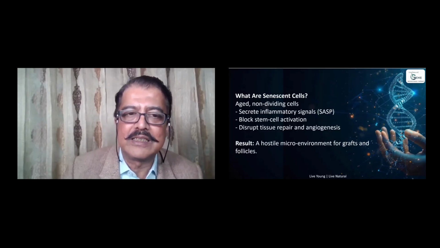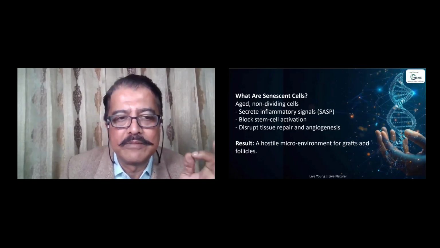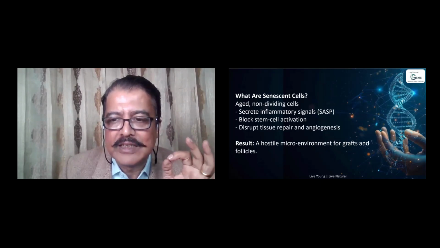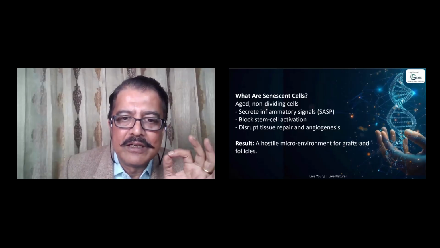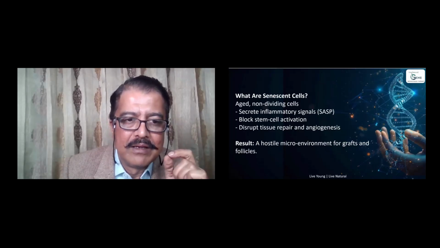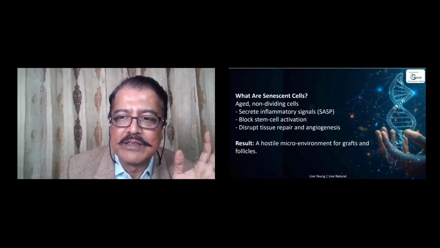So what are these senescent cells? We saw in the video before the presentation, but I'll say again the definition. These are aged, non-dividing cells, cells which became aged before their time, but they are not going to die. They secrete inflammatory signals called SASP, which in turn block stem cell activation.